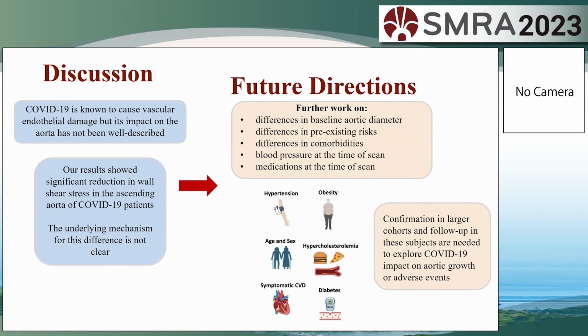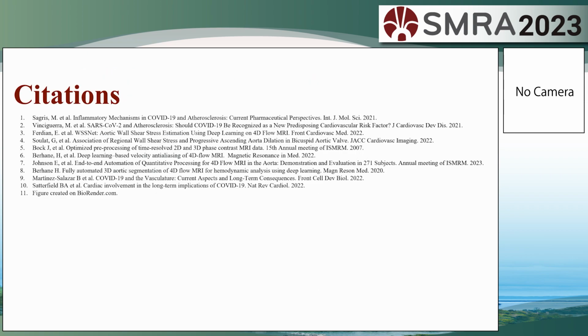Blood pressure and medications patients are taking at the time of scan should also be reported. We need to confirm these results in larger cohorts, and we need to follow up these cases to explore COVID-19 impact on the aortic growth and also other adverse events on the cardiovascular system.